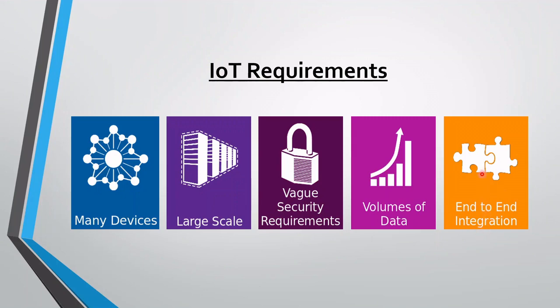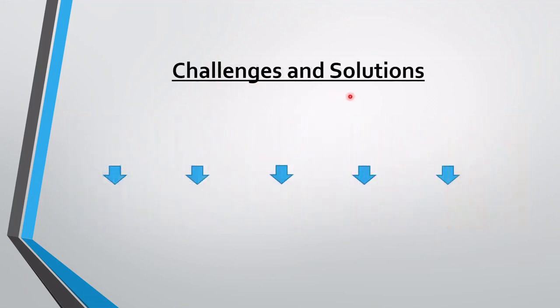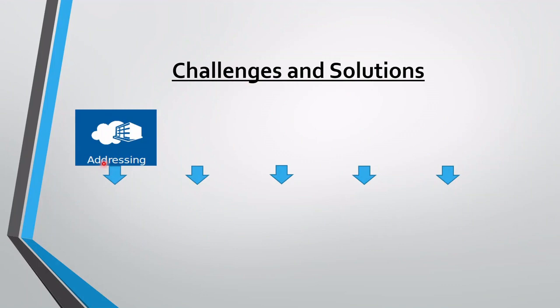Now we move to the next slide, that is IoT challenges and their solutions. The first challenge is addressing. Large numbers of devices communicate through addressing, that is, giving names. They must have their own address. When it comes to a large number of devices, addressing becomes difficult.